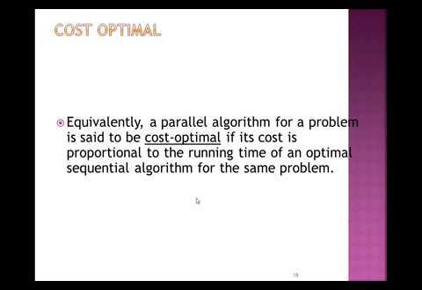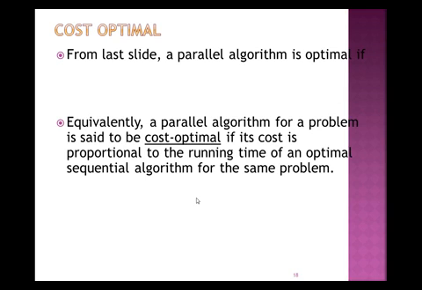If I compare the two programs, one is my optimal program and the other is my new program, the new program takes more nanoseconds. So my program is not trustworthy; we cannot trust the program. That is cost optimal: whenever we compare the new program with the optimal program, which is set as the average program, that is known as cost optimal.